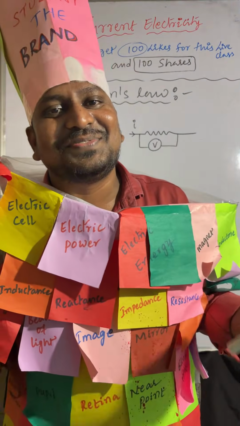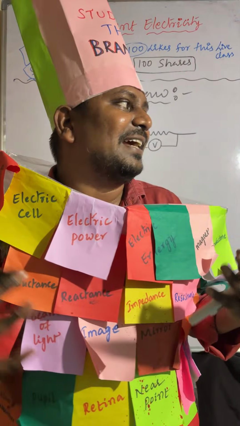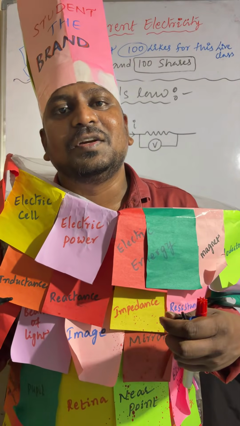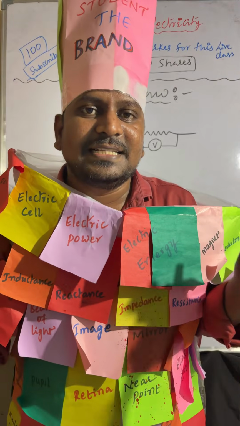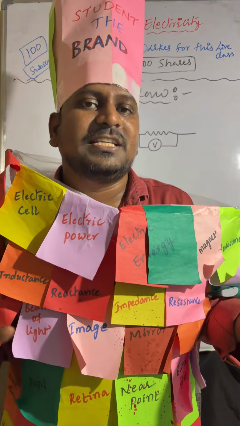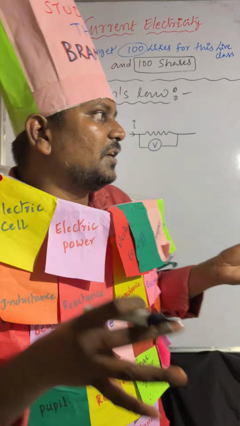The potential difference across the ends of the given metallic conductor or resistor is directly proportional to the current flowing through it.